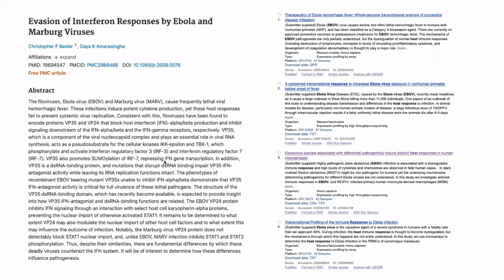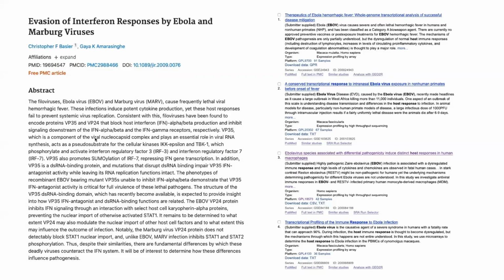But here you can read a publication on how a specific protein, so proteins VP35 and VP24, block host interferon alpha and beta production and inhibit signaling downstream of the interferon alpha and beta and the alpha gamma receptors, respectively, and also VP35, which is a component of the viral nucleocapsid complex and plays an essential role in viral RNA synthesis, acts as a pseudo substrate for the cellular kinases IKK epsilon and TBK1, which phosphorylate and activate interferon regulatory factor 3 and interferon regulatory factor 7.